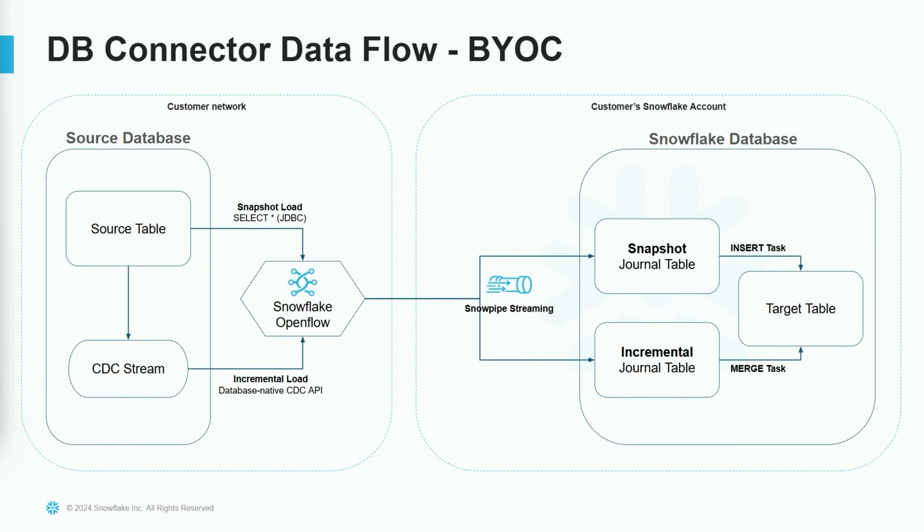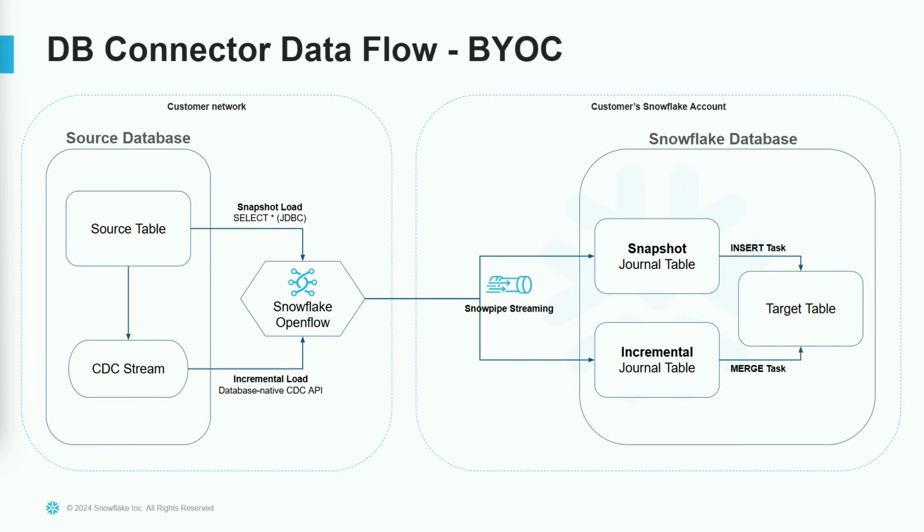When you add a table to replication for the first time, it's using JDBC driver to do a select star on a source table and basically do that initial snapshot load of that table. At the same time, it starts monitoring the change data capture stream, and whenever there is a change event, insert, update, delete, it's basically using Snowpipe streaming to push this into your Snowflake account.